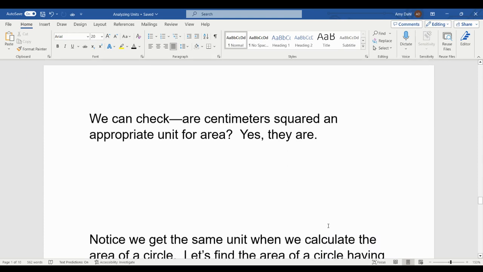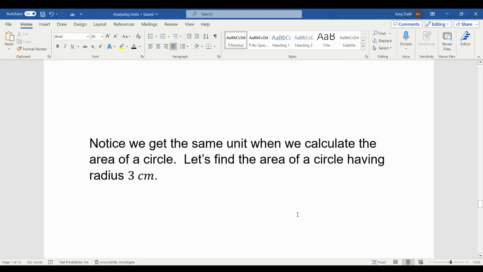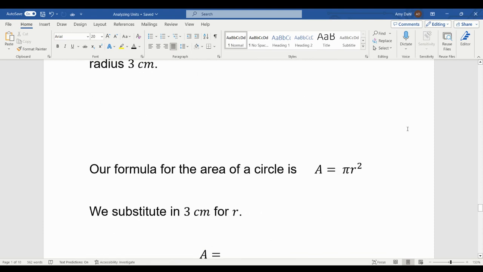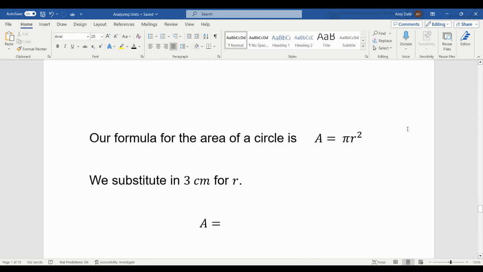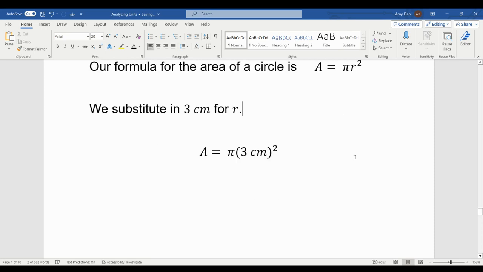Yes, they are. Notice we get the same unit when we calculate the area of a circle. Let's find the area of a circle having a radius of 3 centimeters. Our formula for the area of a circle is A equals pi r squared. We substitute in 3 centimeters for r. A equals pi times 3 centimeters squared.